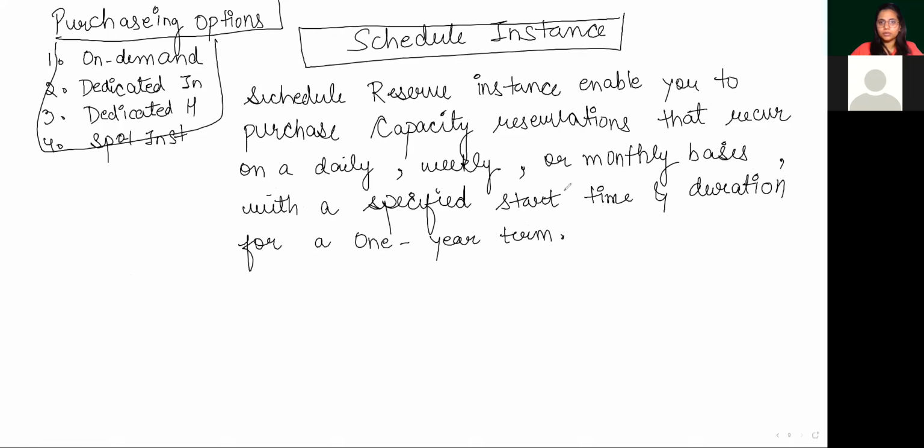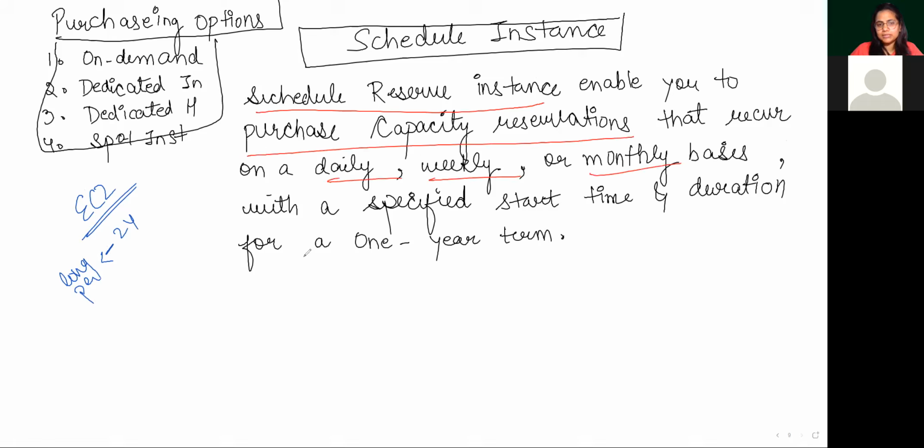Okay. See, this is used when you need an EC2 instance for at least 1 year or more, so you require it for a long period. Scheduled reserve instance enables you to purchase capacity reservations that recur on a daily, weekly or monthly basis with a specified start time and duration for a 1 year term.